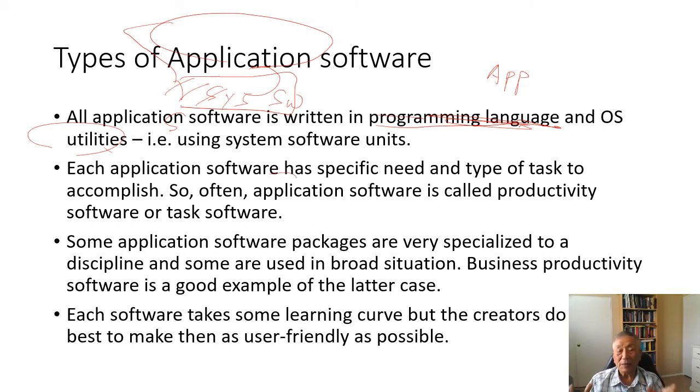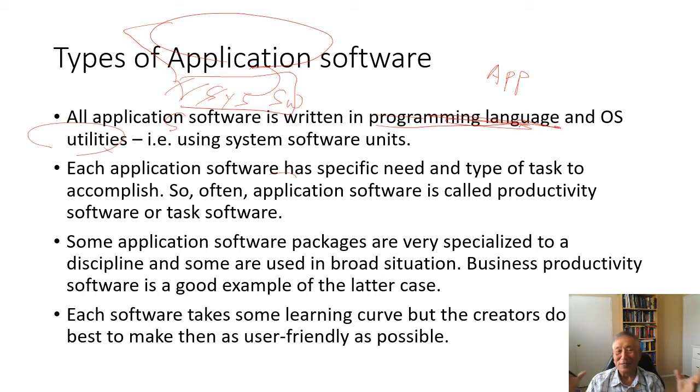In typical desktop computers, the application has a wide spectrum of functionality in one application software package. The reason is that you don't want too many application software packages running around on your desktop.